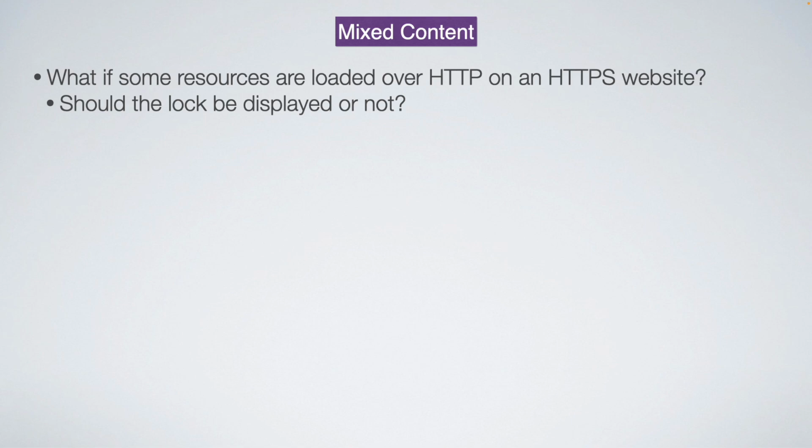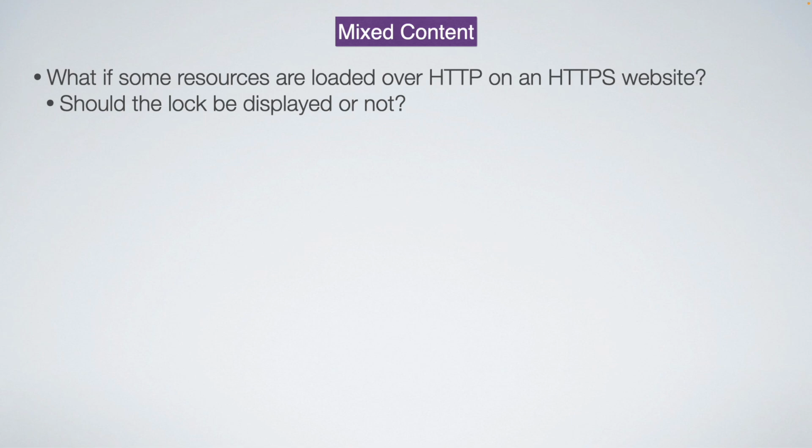So the browsers actually changed their policy over the years. I forget what my slides say exactly, but we'll see. Initially, they actually did the alert thing. Sometimes they'd show you a lock with a cross through it, and if you clicked on it, it would say, warning, this website is mixing content.